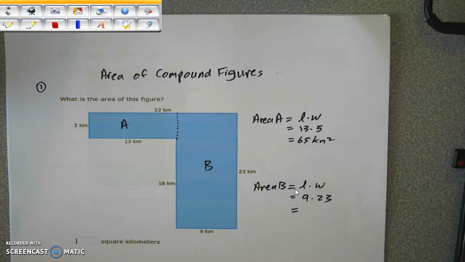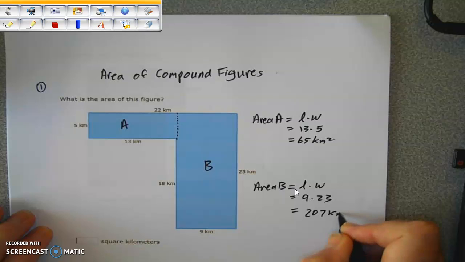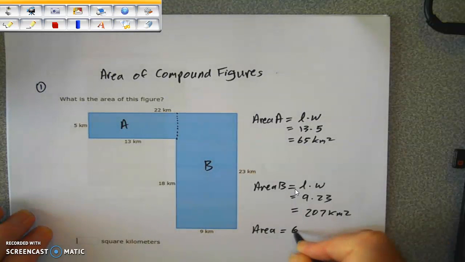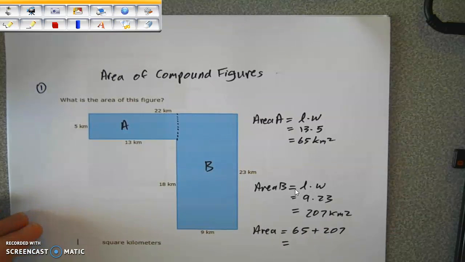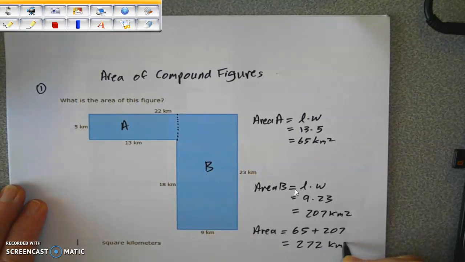You're going to need your calculator for this. 9 times 23, 207 kilometers squared. And then the total area is the 65 plus the 207, which is 272 square kilometers.